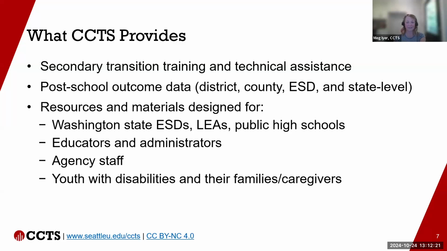All of the resources and materials that we generate are available through our website, and they're designed for educators, administrators, agency staff, youth with disabilities, and their family and caregivers. We do not provide direct services such as student transition assessments or attend IEP meetings.